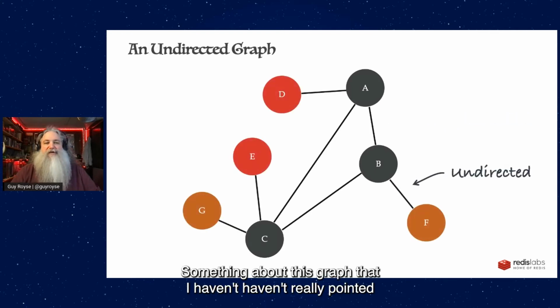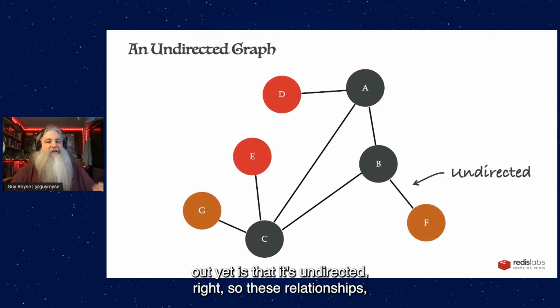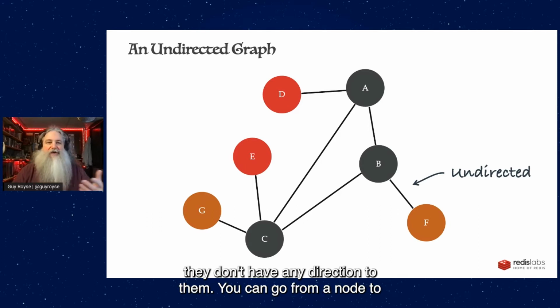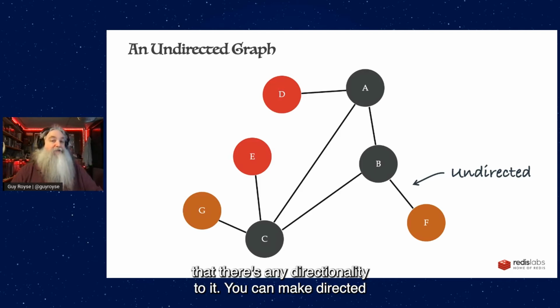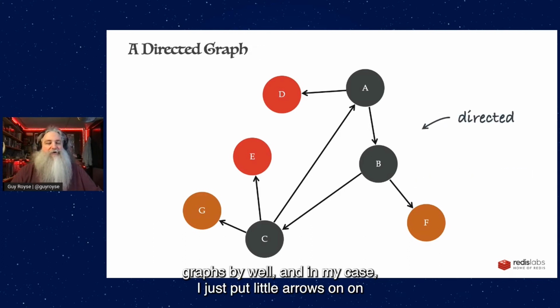Something about this graph that I haven't really pointed out yet is that it's undirected, right? So these relationships don't have any direction to them. You can go from a node to a node. We know that A and B are related, but we don't know that there's any directionality to it. You can make directed graphs; in my case, I just put little arrows on the lines.